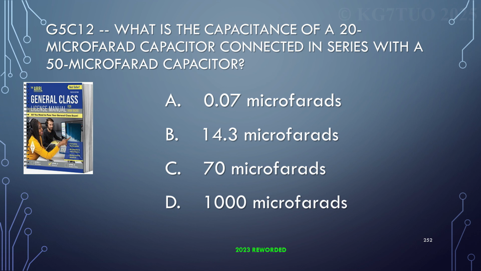Capacitors in series use the reciprocal formula. All you have to remember is that capacitors in series are reciprocal. You can throw out 70 and 1,000, and you know it's not going to be additive because it's capacitors in series, so it has to be 14.3. However you remember it, 14.3 is a whole lot easier than doing the math. Just remember these questions. You're only going to get one, maybe two.